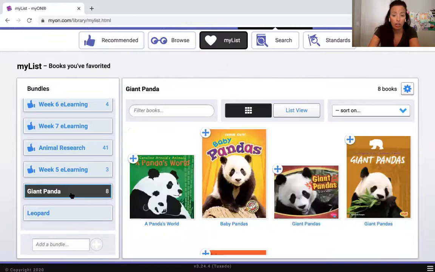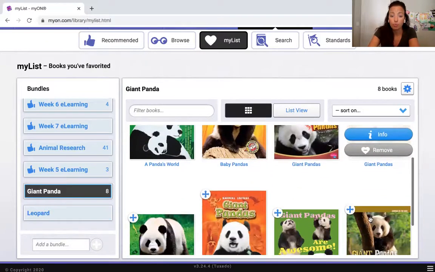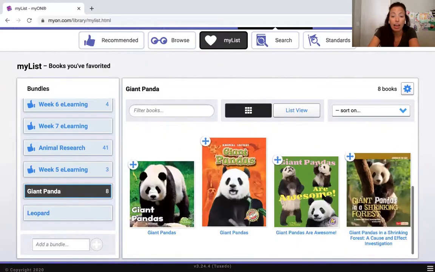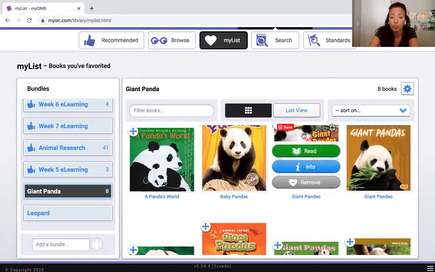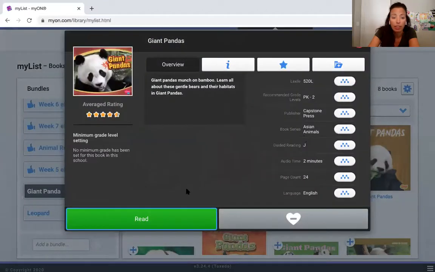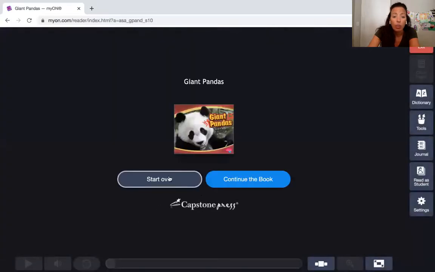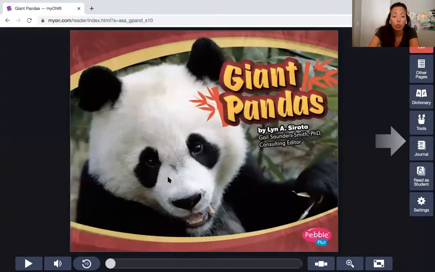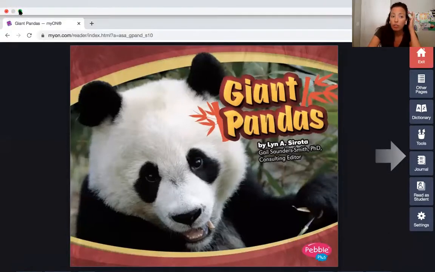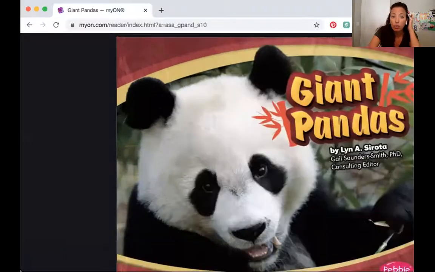Okay, so here's all my panda books. And today I'm going to read this one, Giant Pandas. Now, when we are doing our research, we do not always have to read the whole book.